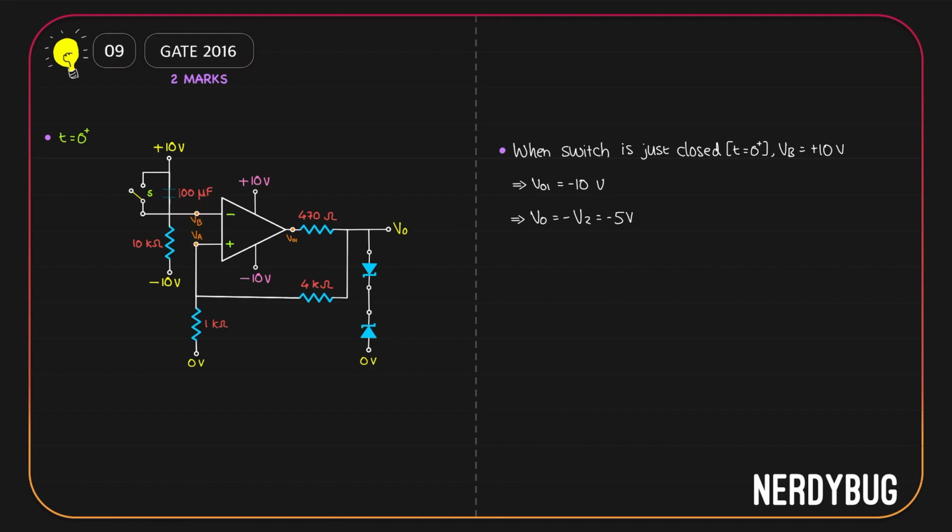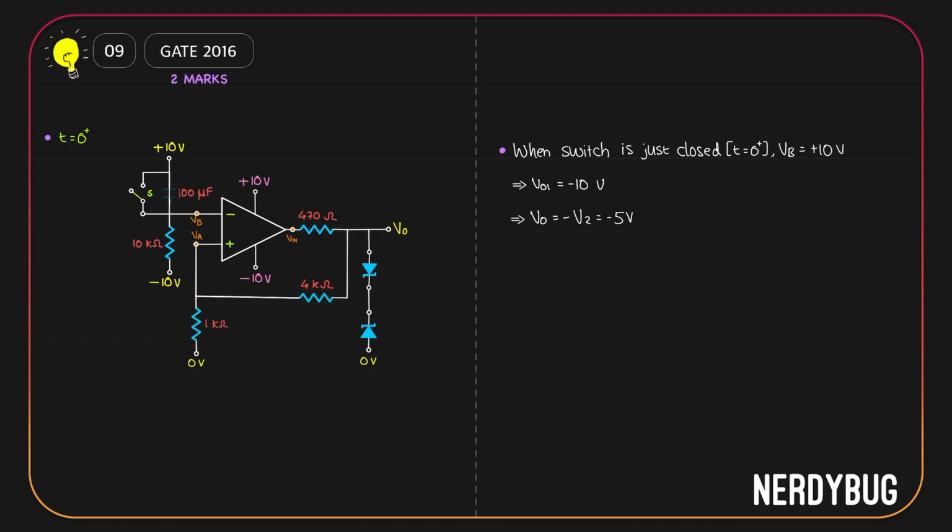To find out when that happens, first we need to know what is VA. VA is the potential that we get over here. If you look closer, you can see that we have a voltage divider here. Vo is being divided between 4 kilo ohm and a 1 kilo ohm.